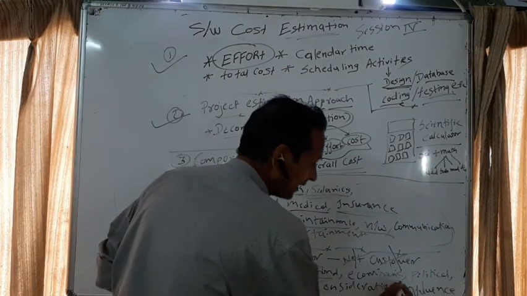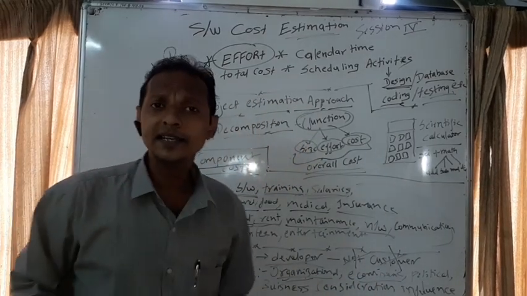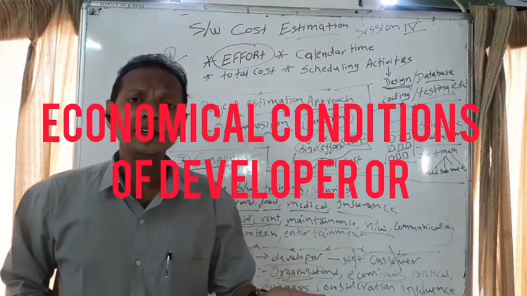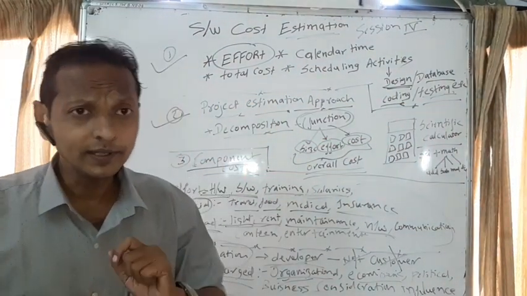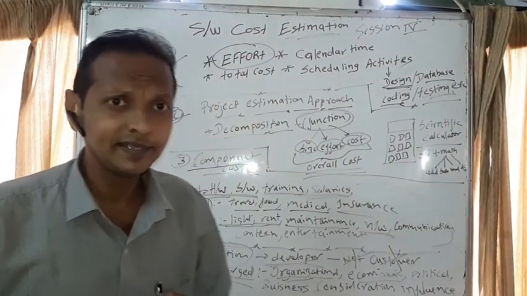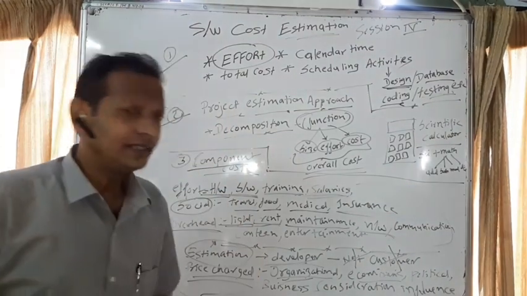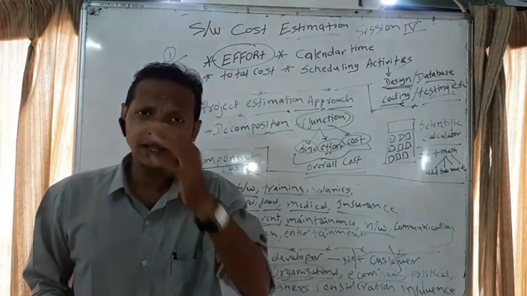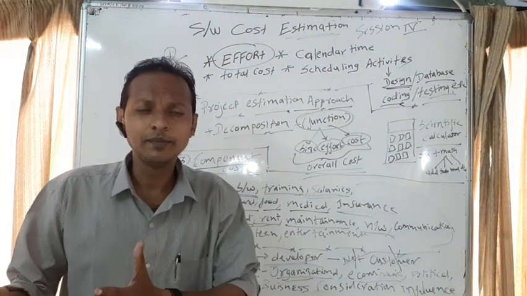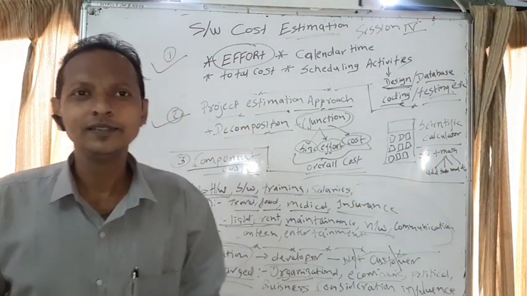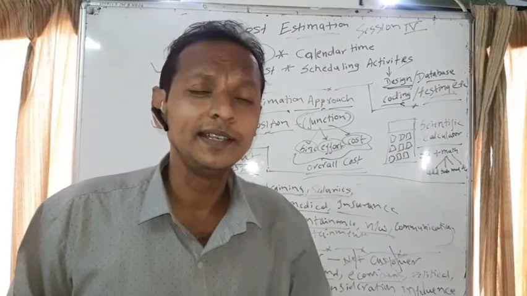Okay. Second thing is the economical condition of the client as well as of the developer, both affect the estimations or the price charged. So if the economical condition of the client is big, he is a very huge name in the market, then you can charge anything because they can afford it.